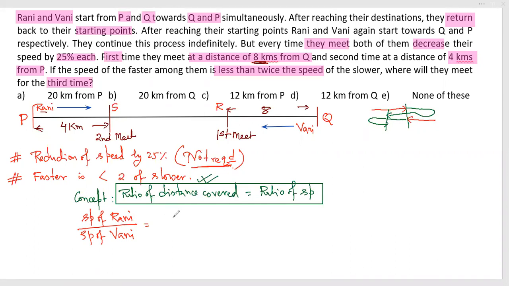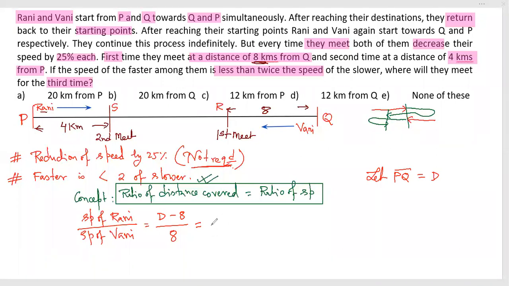Let us consider the total length PQ, let PQ distance be D. So Rani traveled D minus 8, and Vani traveled 8. And the same ratio would be applied for the second meeting of Rani and Vani.